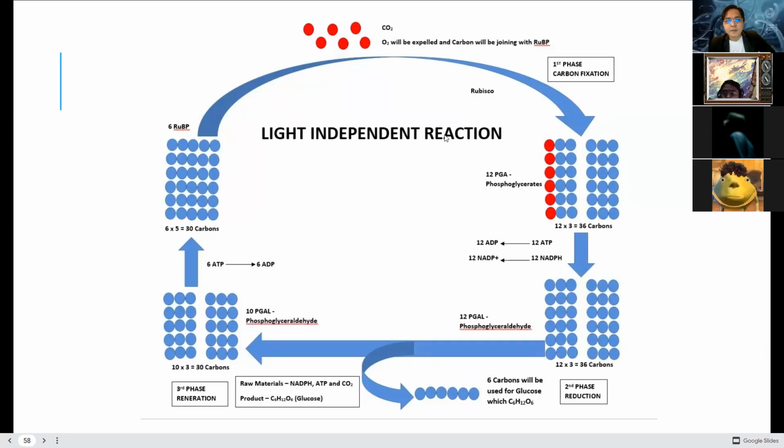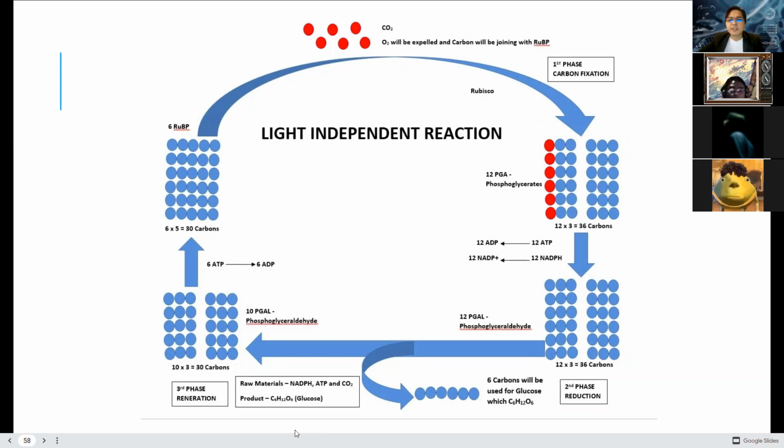Again, the raw materials for the light independent reaction are NADPH, ATP, and CO2. CO2 can be absorbed from the environment. And the product is glucose, or C6H12O6.